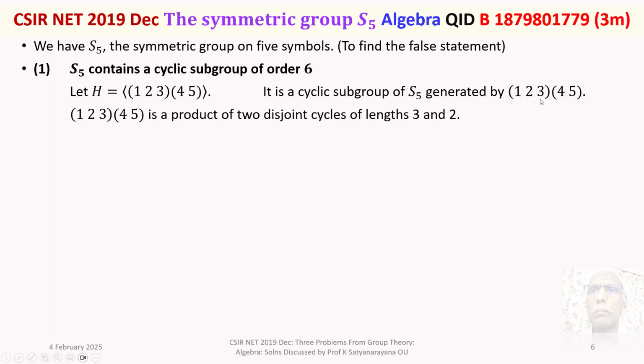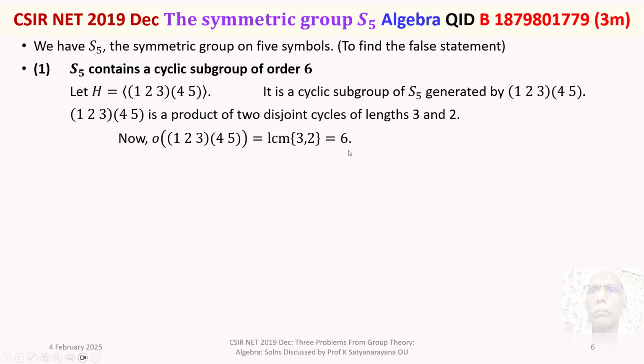Disjoint cycles, this is of length 3 and this is of length 2. And it is very well known that the order of this permutation, which is the product of 2 disjoint cycles, is given by the LCM of the lengths of the cycles, that is 3, 2.